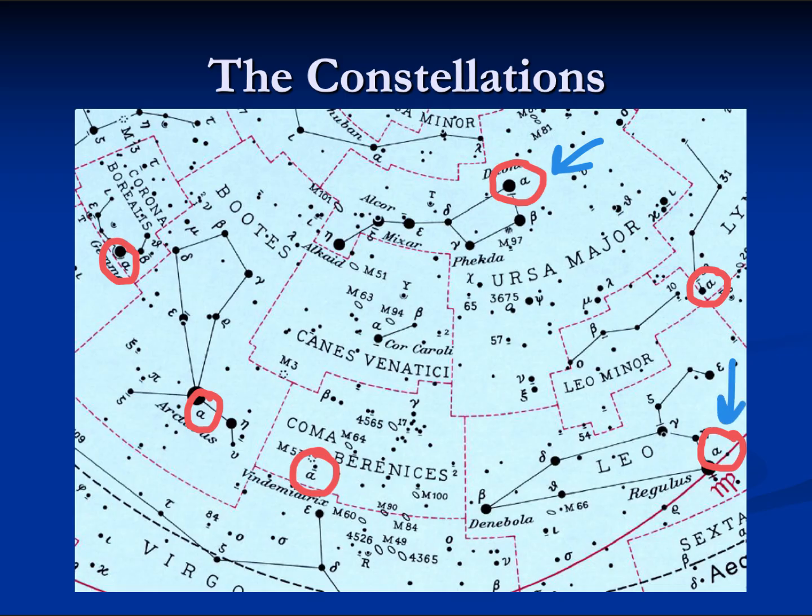You don't need to memorize all the Greek letters, but you should know the first few letters in order: Alpha, Beta, Gamma, and Delta, as these stars are the brightest ones in each constellation.